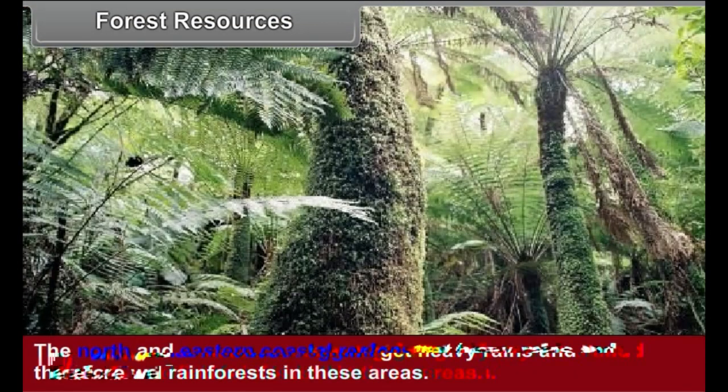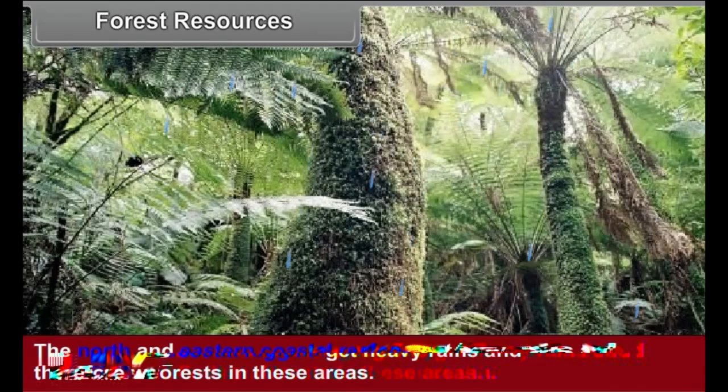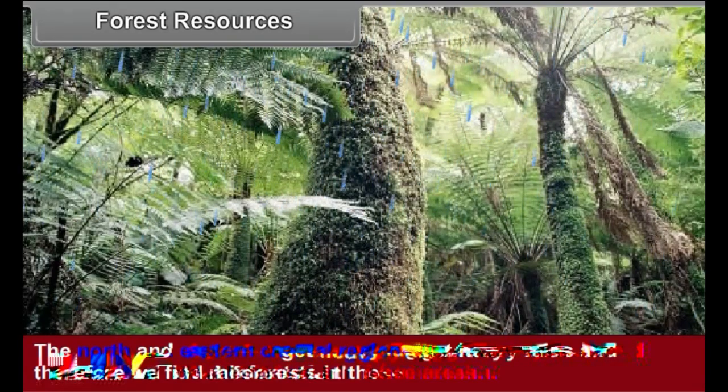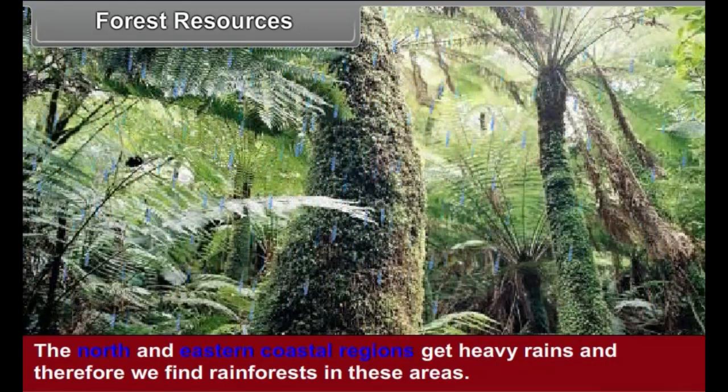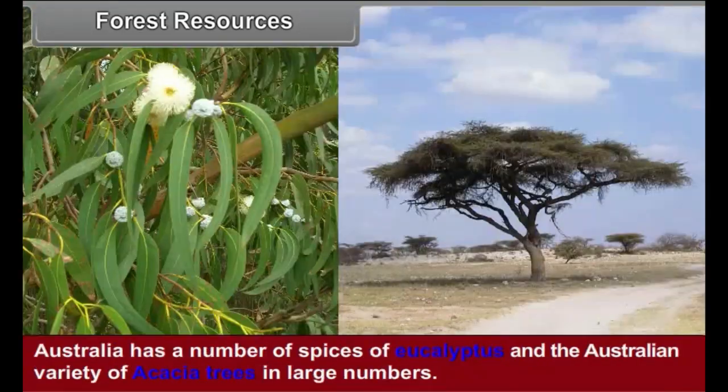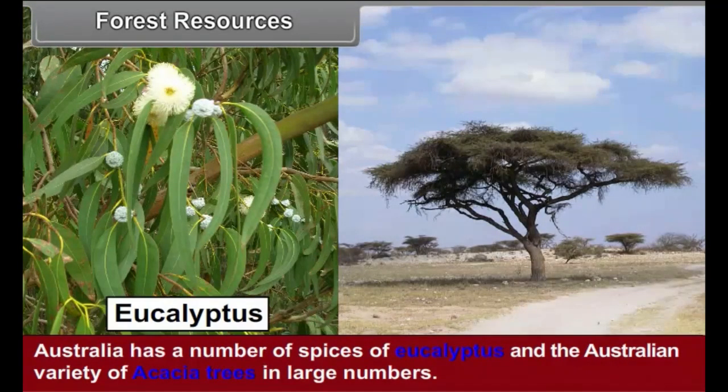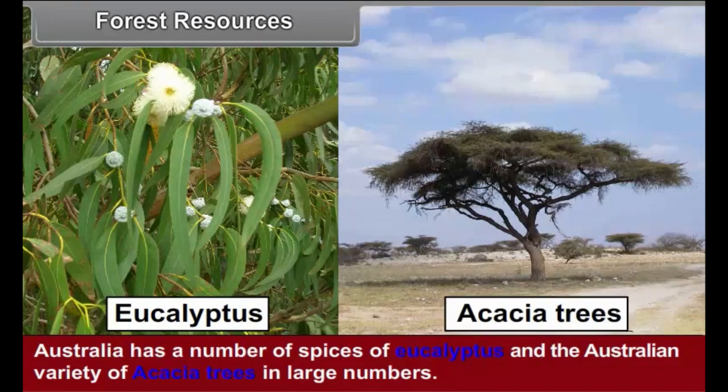Forest resources. The north and eastern coastal regions get heavy rains, and therefore we find rainforests in these areas. Australia has a number of species of eucalyptus and the Australian variety of acacia trees in large numbers.